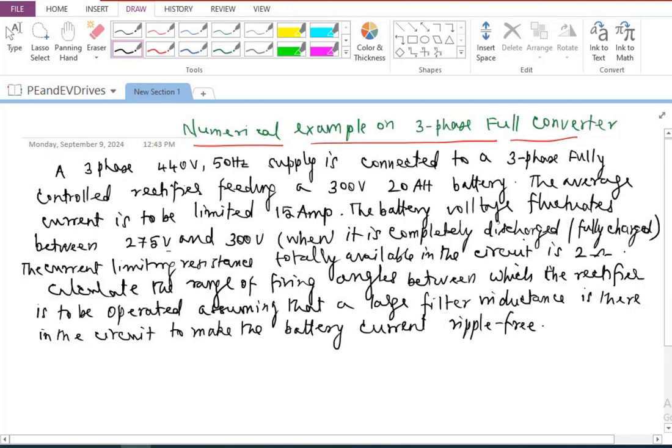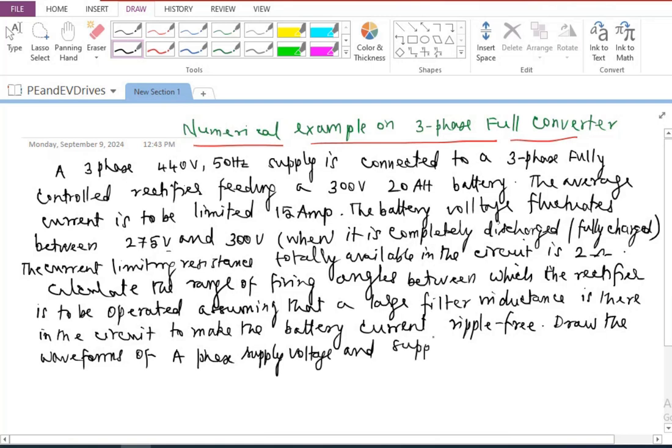Draw the waveforms of A phase supply voltage and supply current.